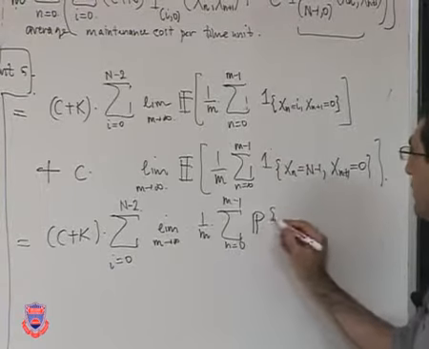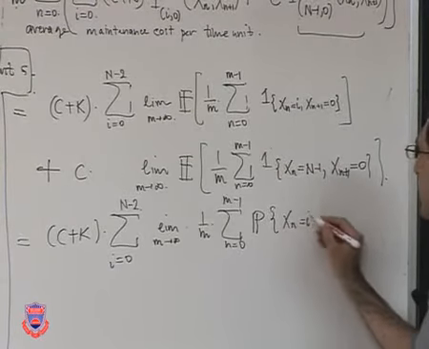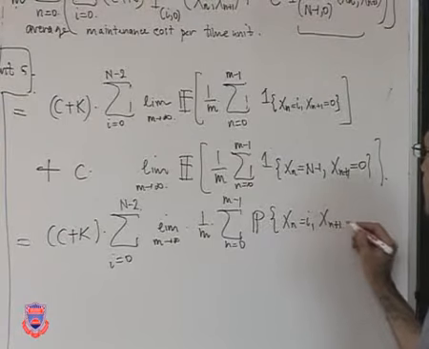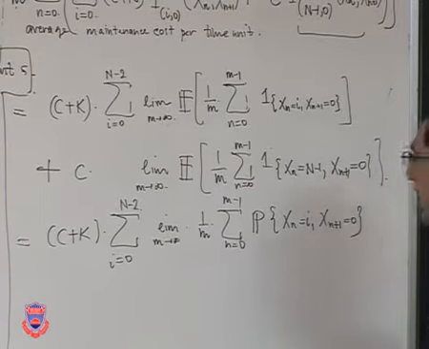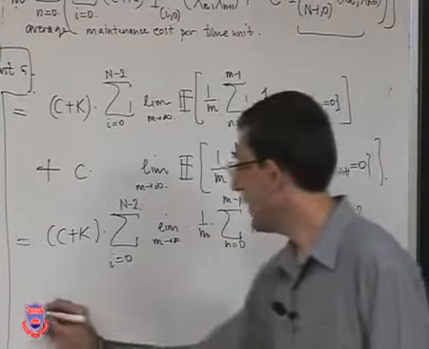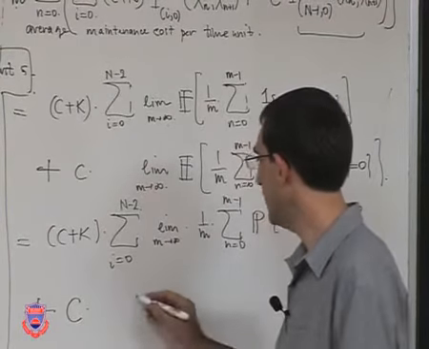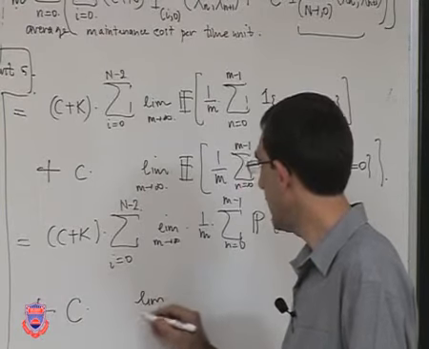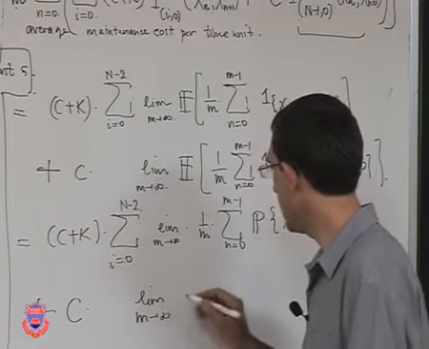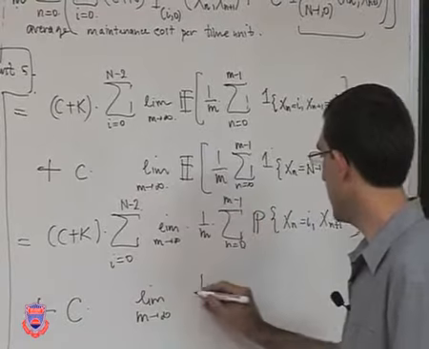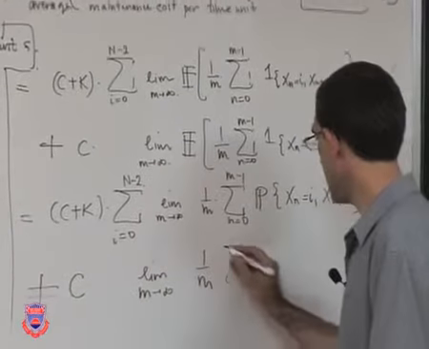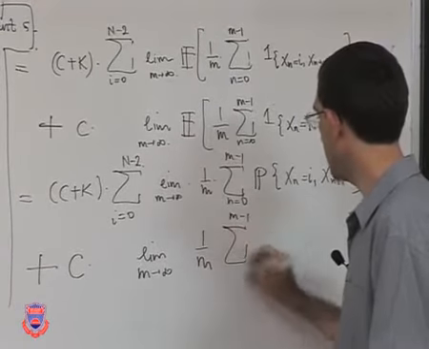Let me write it one more time. I have that. And then I have plus c times the limit as m goes to infinity. This 1 over m we can take out, and the summation we can take out as well.